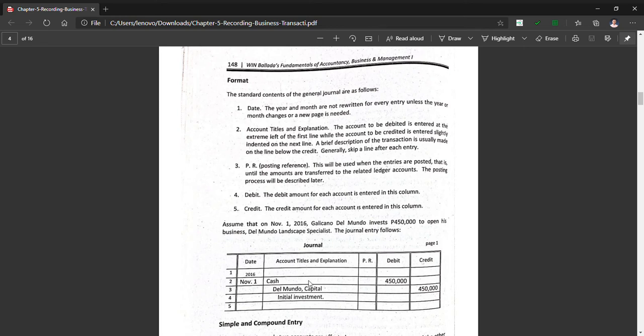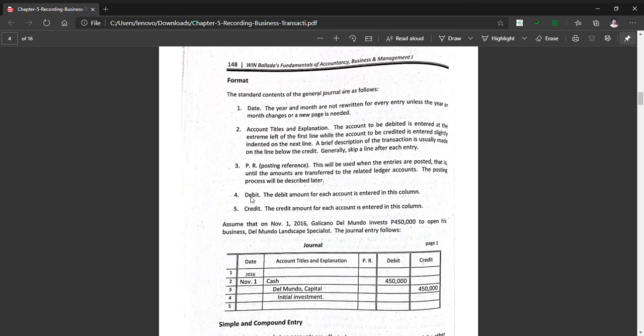So after natin i-post ito, for example, pinost natin ang cash, right? After natin i-post yung cash, after natin i-transfer sa ledger, titignan natin yung account number under sa ledger, tapos ilalagay natin dito. Saka lang natin ilalagay sa posting reference kung na-transfer na natin sa ledger to avoid confusion.